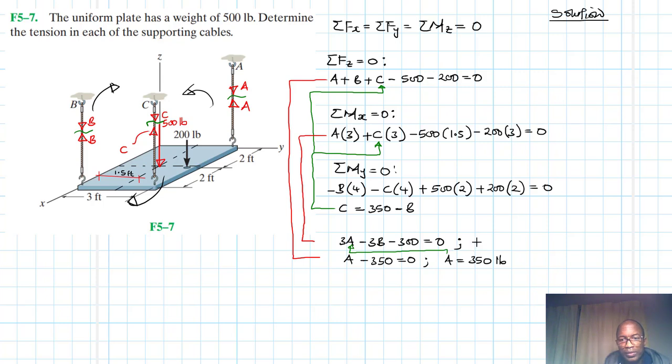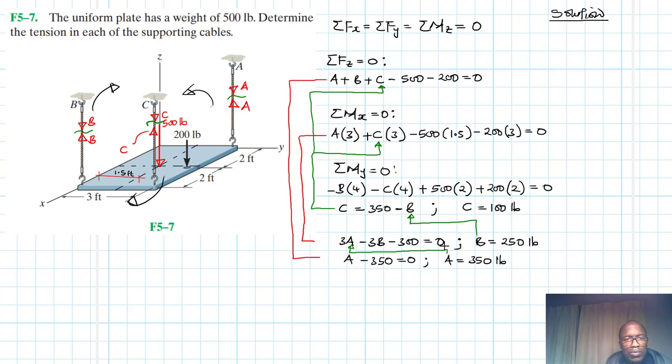So we have B equals 250 pounds. And once we have that, we can plug in our B here. Then we'll have 350 minus 250. This gives us 100. Therefore, C is equal to 100 pounds.